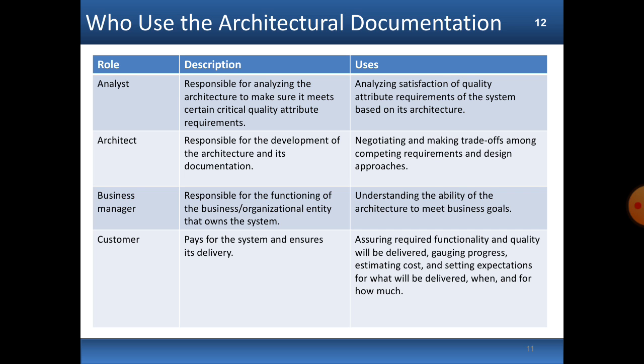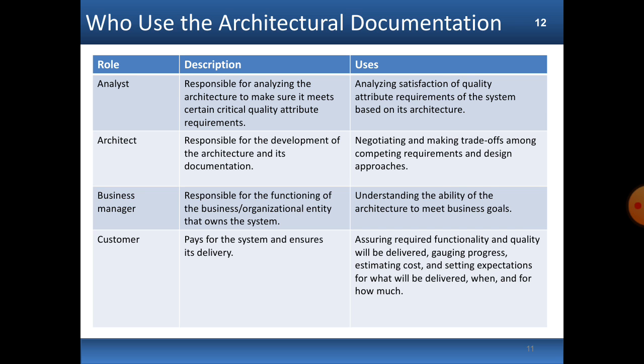Students, you don't need to memorize these architectural documentation approaches. You just need to get a clear idea about how different views and different standards are currently being provided in the industry for documenting any software architecture.